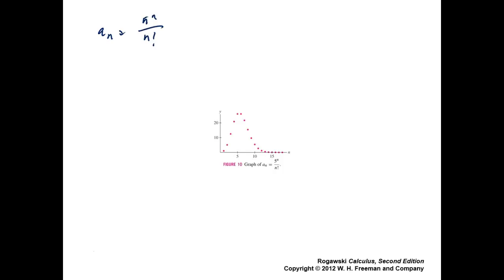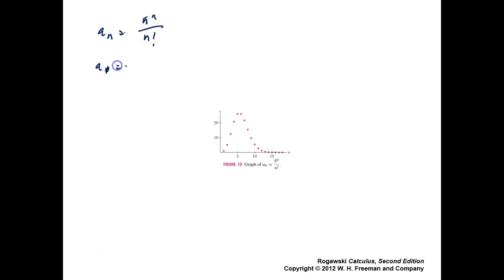And I think it's beneficial to start looking at some of the values first before you start trying to apply the squeeze theorem. Here's what I mean by that. Let's do a sub 0. Does anyone know what 0 factorial is? It's 1. That's just a definition.